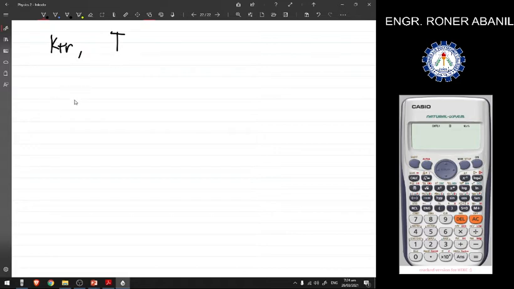So, meron tayong equation last time, 'di ba? Yung equation na K_tr is equal to 3/2 nRT. So, dito makikita natin na yung K_tr is directly proportional to T. Okay?